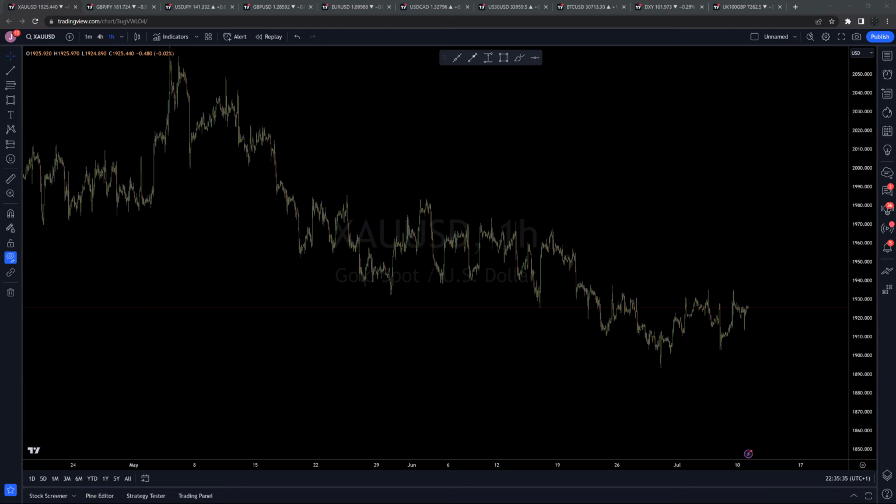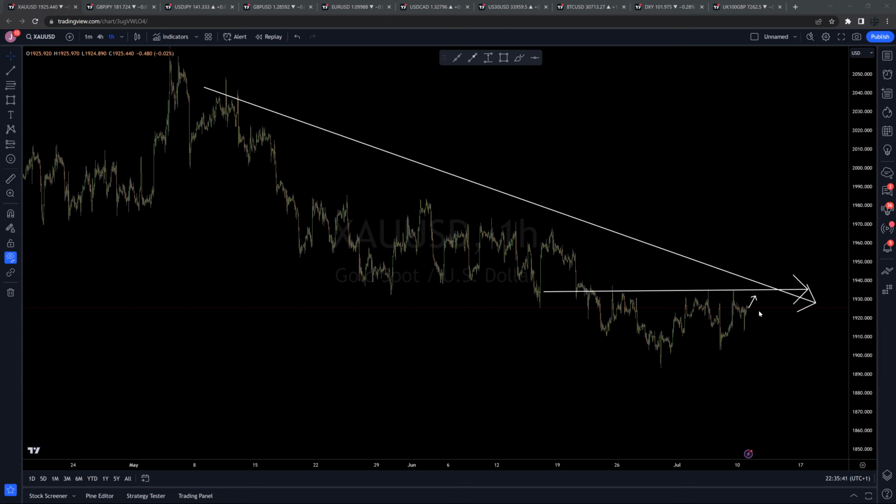Other than that, when you're in overall structure here, I still want to be sticking to the sell side, but even with the sells, if I notice I can get some great sells from range rejection highs or from 1925, taking advantage of some of the downside plays in this consolidation and still riding the trend of bearish structure is fine, but you don't really want to hold any positions.